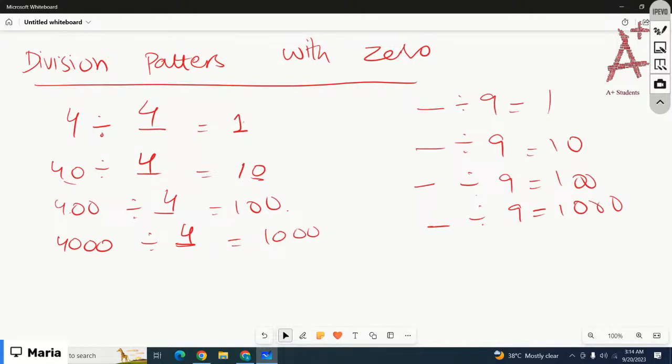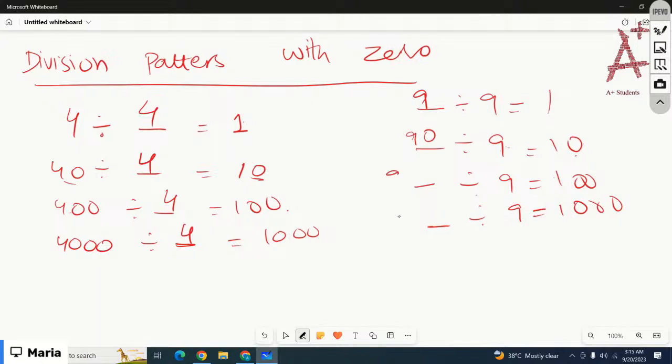What number divided by 9 equals 1? 9 divided by 9 equals 1, right? When you divide a number by itself, the answer is 1. That's the only situation, right? Okay, then here you have 10, right? You can do the opposite way also. 10 times 9 is 90, because division and multiplication are opposite to each other, right?